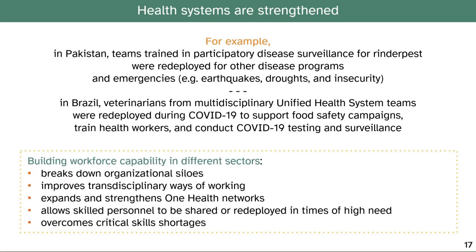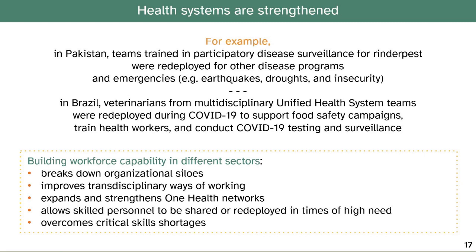When we build workforce capability in different sectors, we can break down organizational silos across disciplines. We improve transdisciplinary ways of working. We expand and strengthen One Health networks and collaboration.